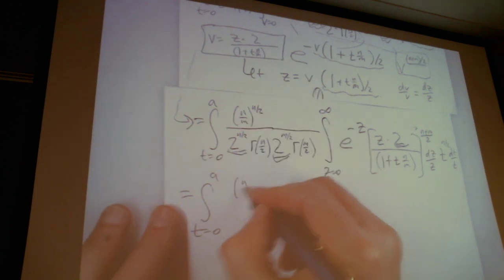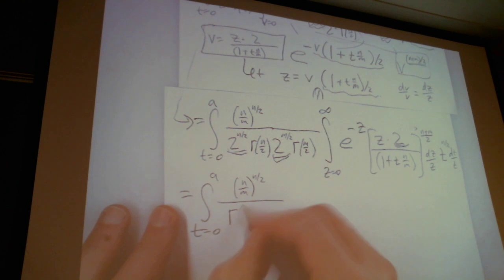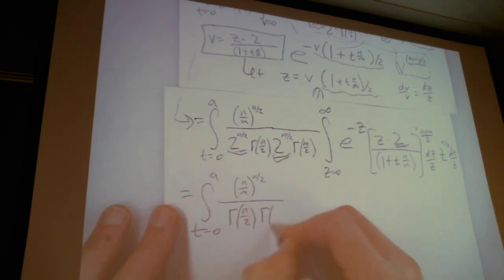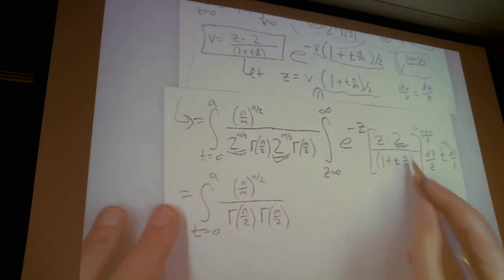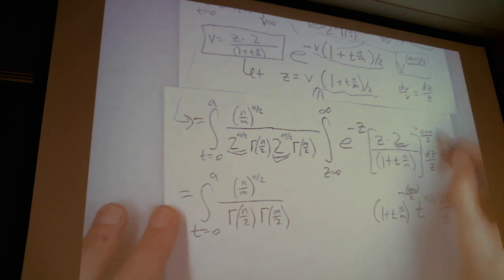This constant, n over m to the n over 2. These constants, gamma of n over 2, gamma of m over 2. There's a power of t, so let's keep track of the powers of t. There's a t to the n over 2 and a dt over t at the end. And then there's a 1 plus t times n over m raised to the negative n plus m over 2 power, because it's in the denominator.